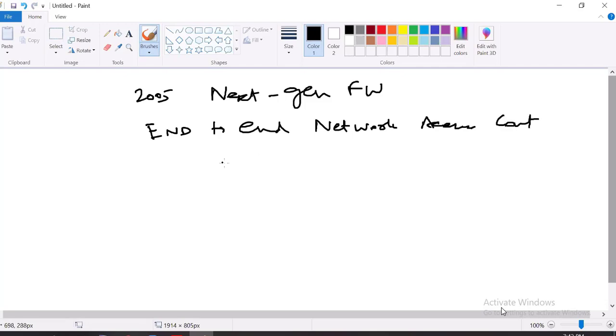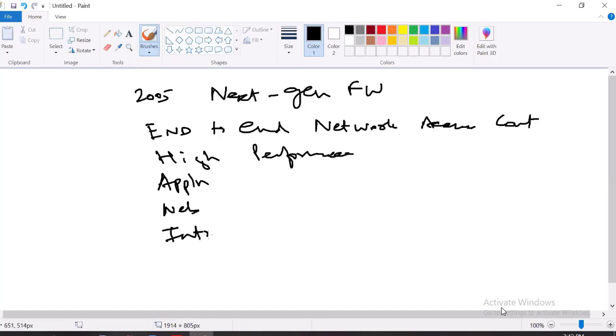And second, we had high performance over here. And every day we were updating the signatures, that is the application signatures. We were able to filter based on the web traffic, and obviously intrusion as well.